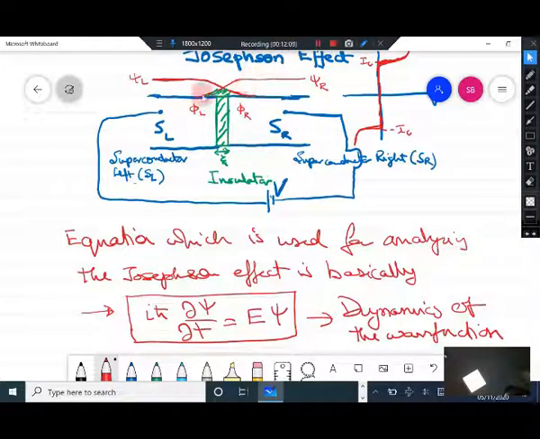A part of the wave function from the right side is leaking into the left, which will lead to the time evolution of the left side wave function, and on the right side a part of the wave function will be coming from the left side, which will cause the right side wave function to evolve.